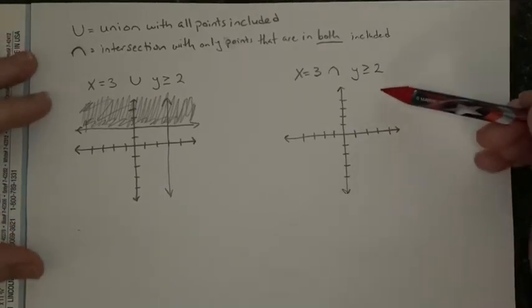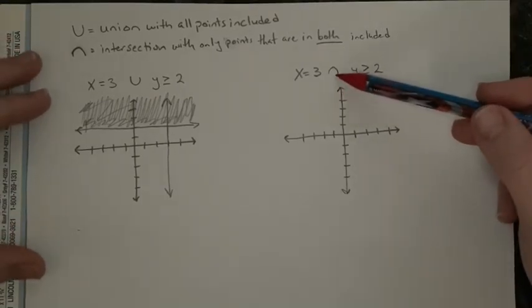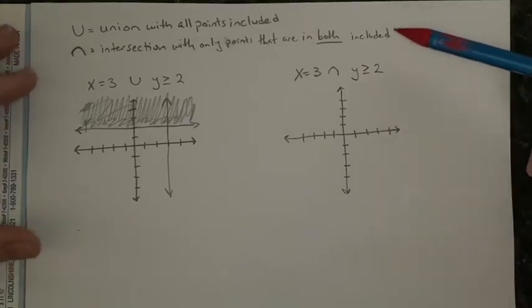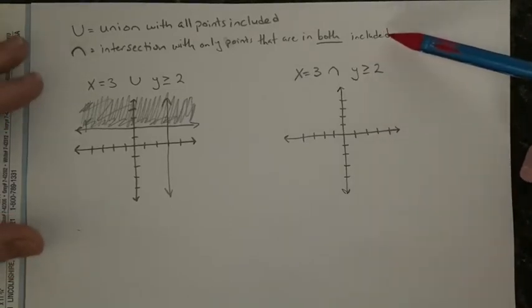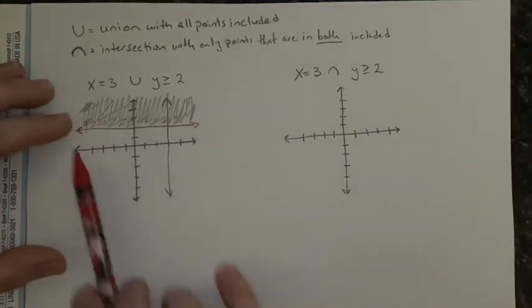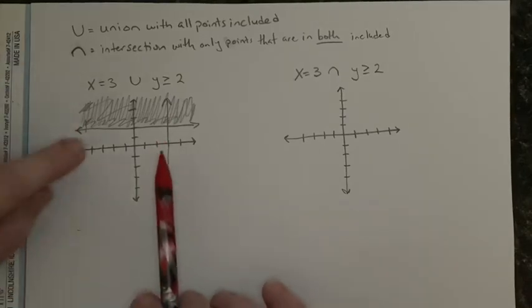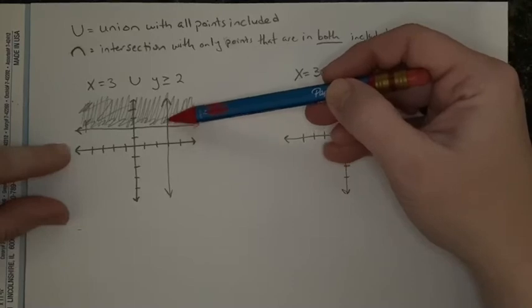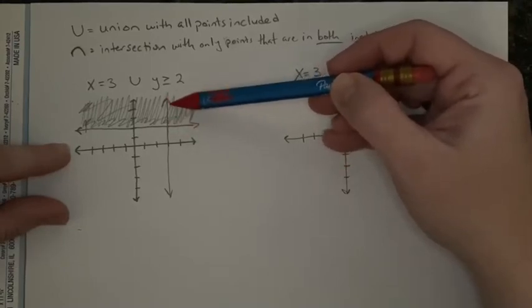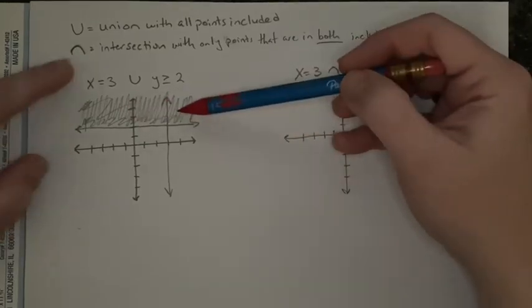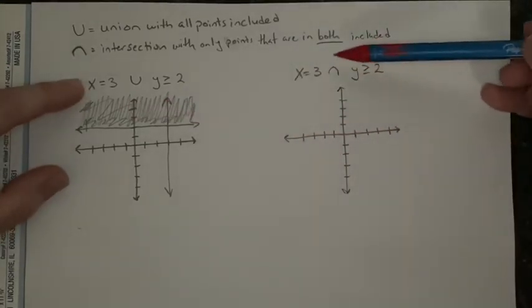Now, if we look at the same two equations, but this time as an intersection, we want the points that are only in both. And if we look back here were our union, we had all the points included, but this time we want the points that are only in both. Well, if we look here, the points that are only in both are only going to be on this line, because anything off of this line is not x equals 3.